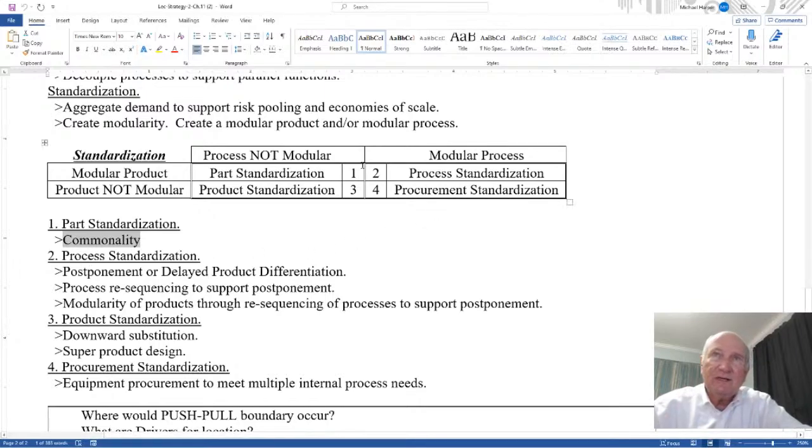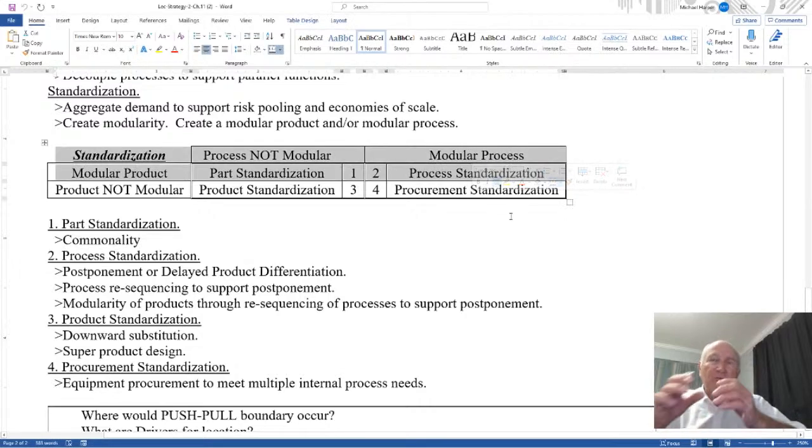Next is process standardization. What if they're both modular? The process is modular, and the product is modular. So each product has modules, and the process for each module is modular. You can break it up. Now you have the maximum flexibility in producing that product.